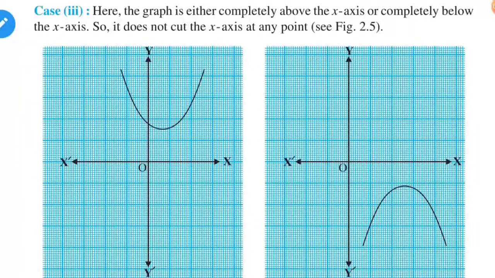From this we can understand that a quadratic polynomial has at most two zeros. What is meant by at most two zeros? Maximum two zeros. It has two zeros or one zero or no zero.